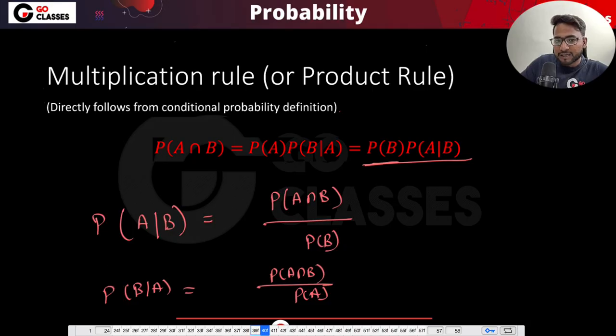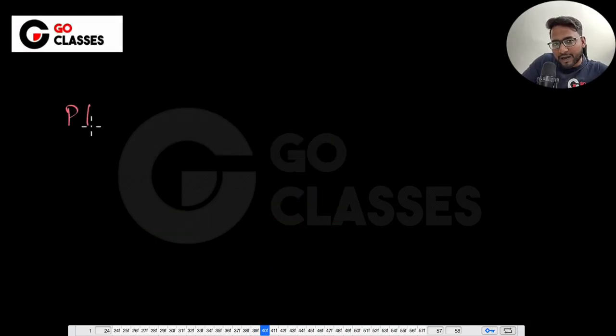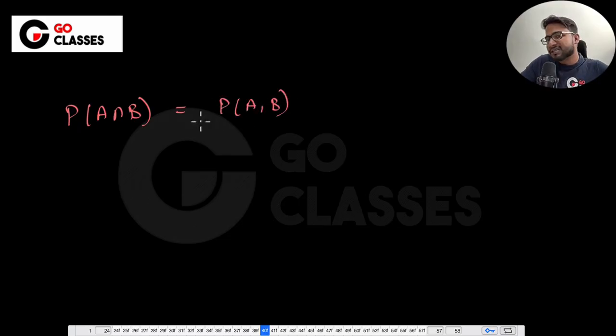So what I'm saying here is that, first of all, whether I write this intersection or I write this comma, both are actually the same. These are different notations that people use. Some people like to write the intersection, some people like to write the comma. In fact, when we go to random variables, I will not be using the intersection. The popular notation there is actually the comma. I will tell you that later.